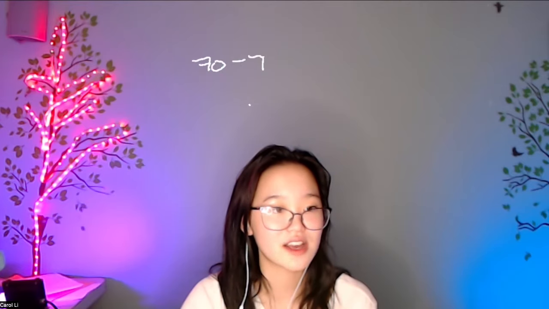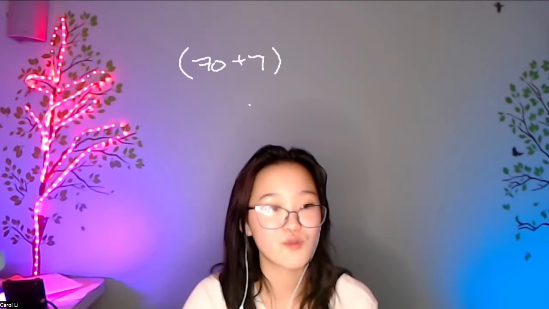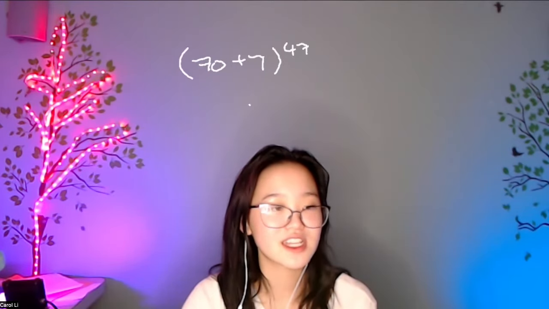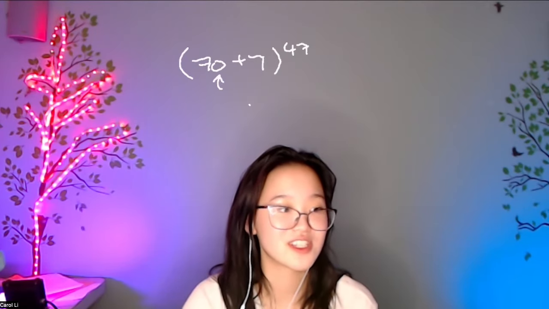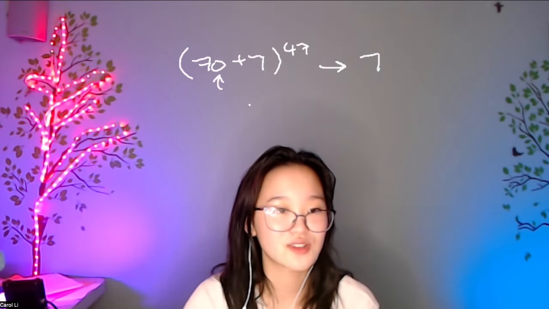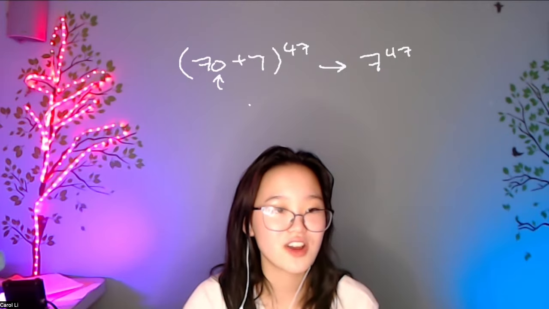You test it out. You can write 77 as 70 plus 7, to the power of 47. And then you realize that the 70 doesn't actually affect the units digit, only the 7 does. So it's really asking for this. And then you just test it out.